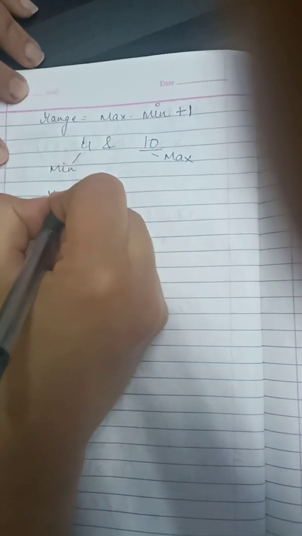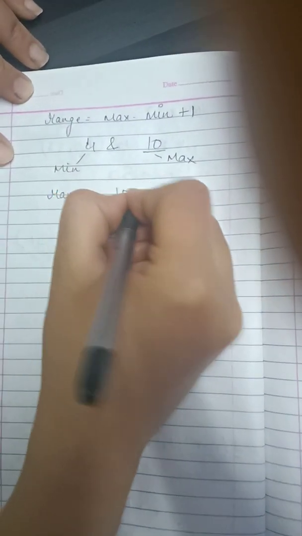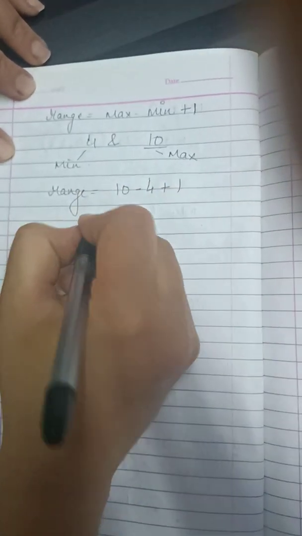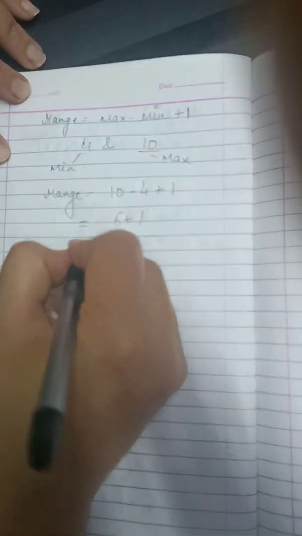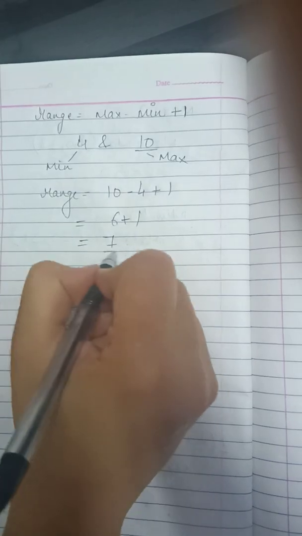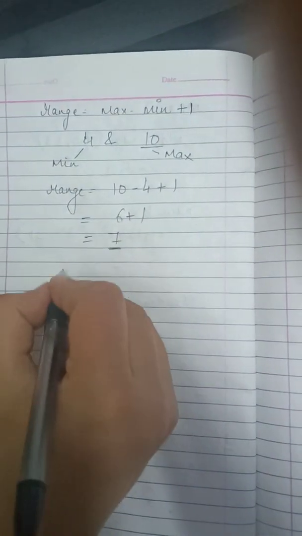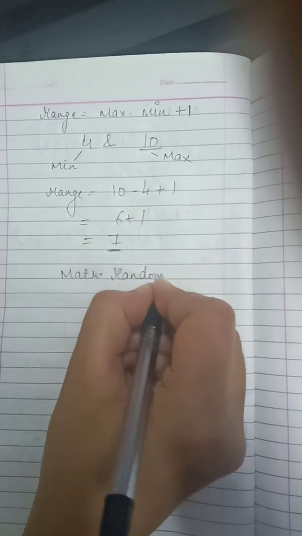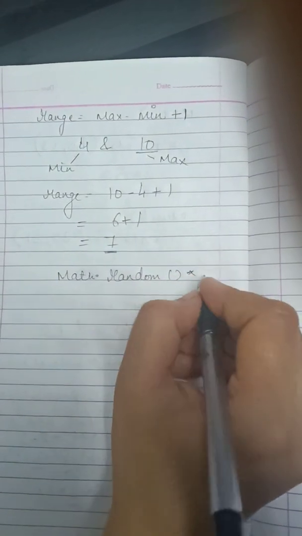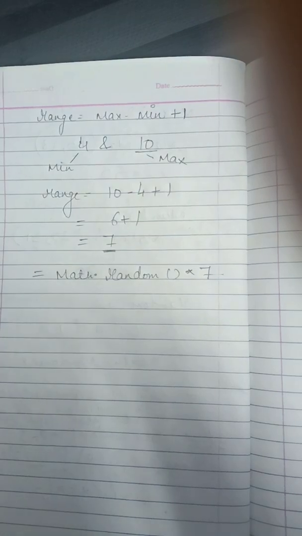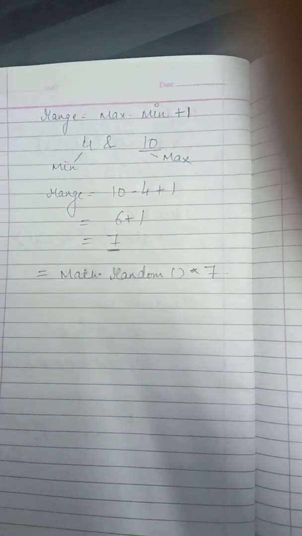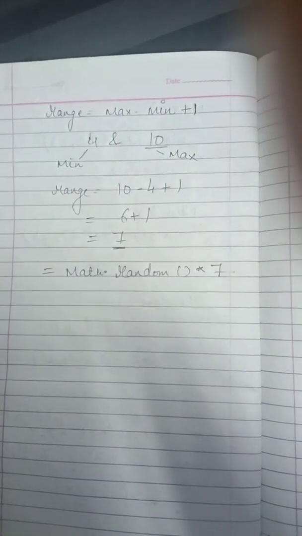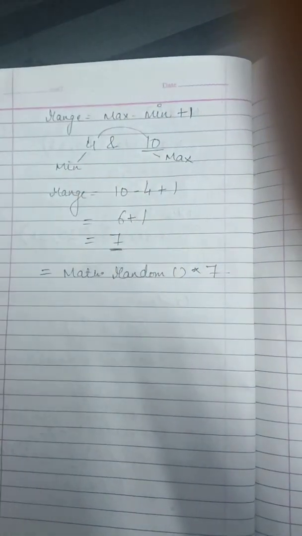How will we calculate the range? 10 minus 4 plus 1, 6 plus 1 is equal to 7. So 7 is your range. It will go like this: Math.random() * 7. This is your formula for calculating the range, or the values between two numbers.